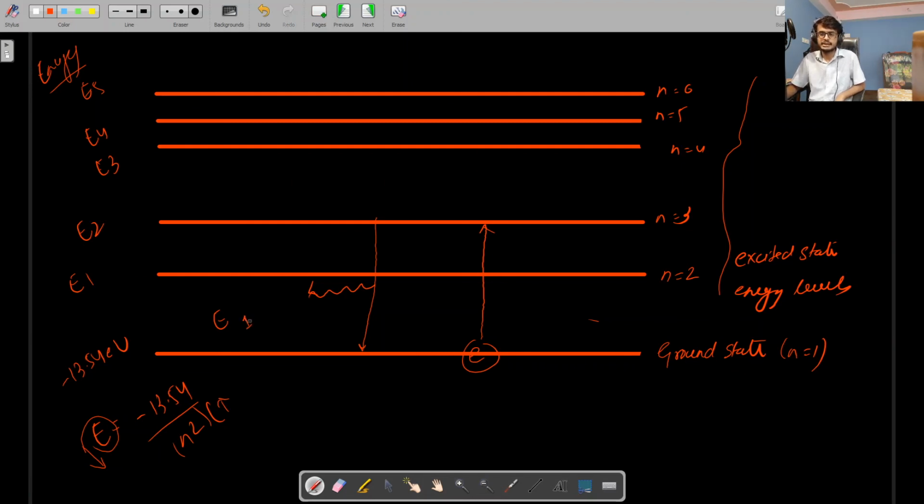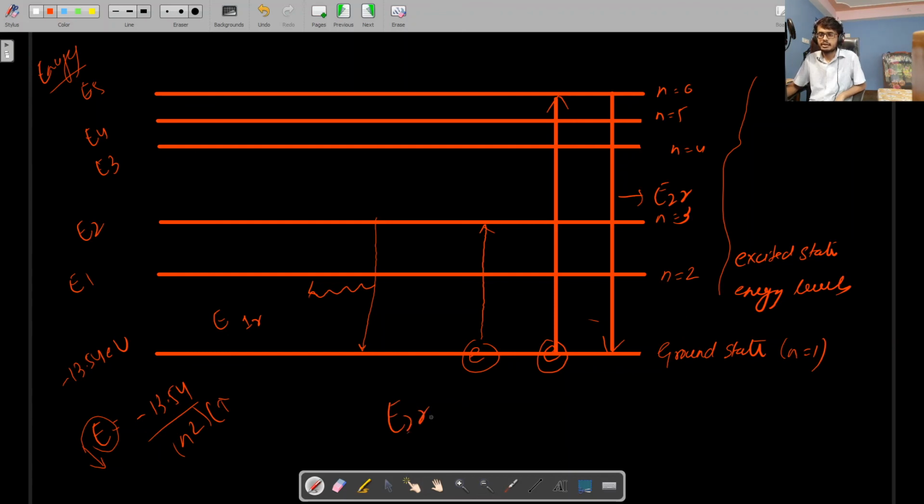Let's say this is energy 1 released, E1R. There is another electron in this state, climbing till n equal to 6 and falling back from n equal to 6 to n equal to 1. It's going up there and coming down here, so it will release some energy. So E2R.